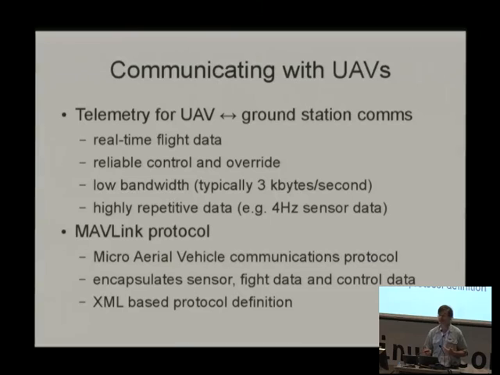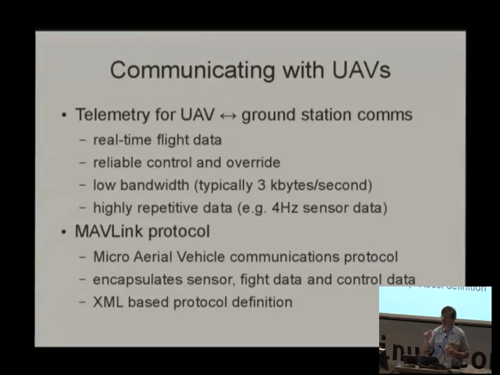It's very repetitive information. Each packet is different, but very similar to the last one. The gyroscopes don't move an awful lot between packets, which means you can afford to lose a few packets, and that's fine.